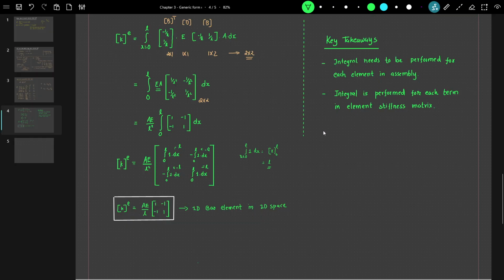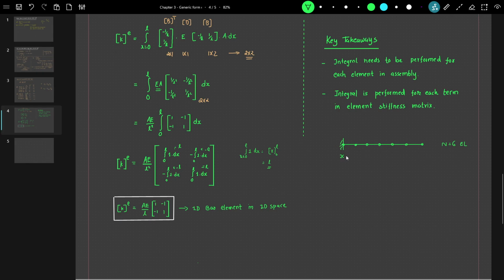In the FEA steps, we know that first we write the element stiffness matrix for each element. The second step is we perform assembly of elements. So for example, let's take this assembly or some structure. Instead of one element, let's split the structure into 1, 2, 3, 4, 5, 6 elements.